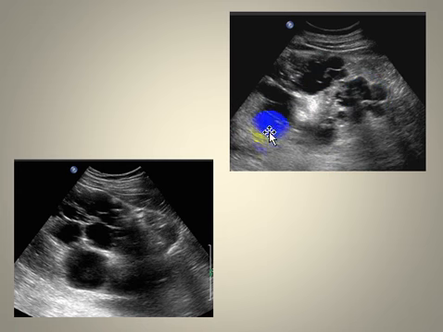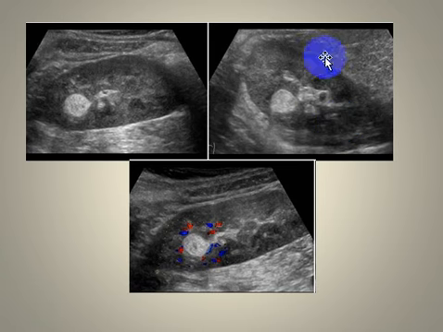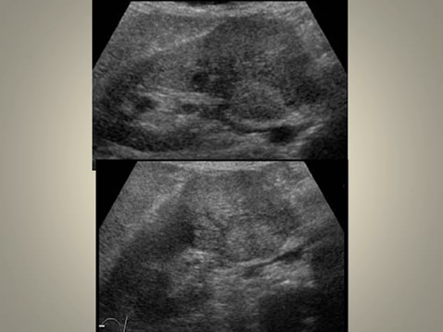You see multiple variable size cysts bilaterally. Here you see a tumor mass in the kidney and you see a hyperechoic mass with no increase in the vascularity involving the upper mid-pole of the kidney in keeping with angiomyolipoma.